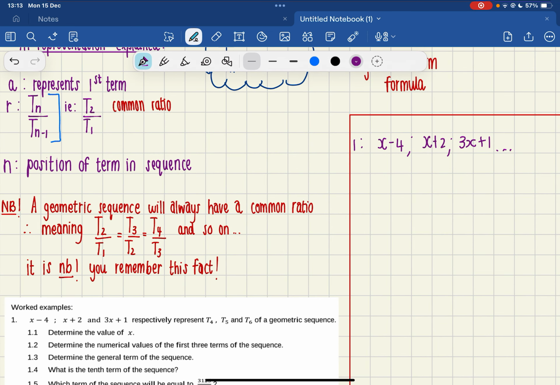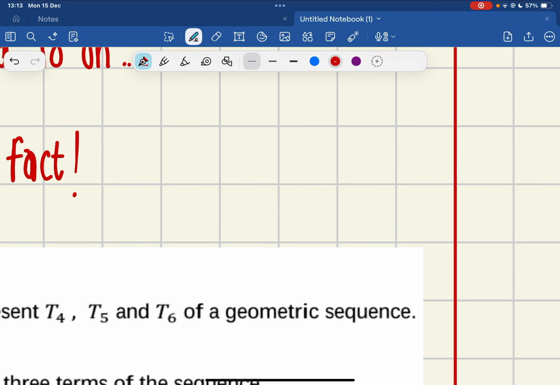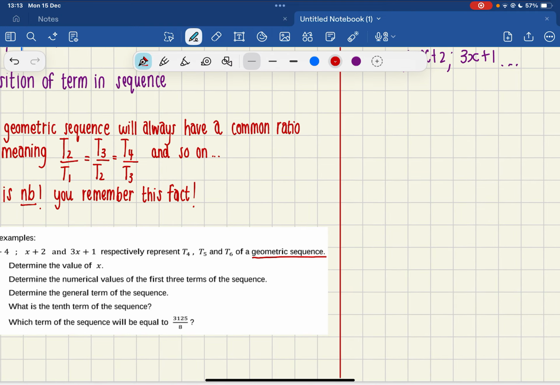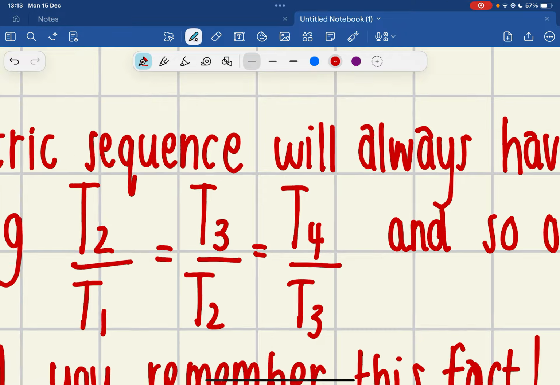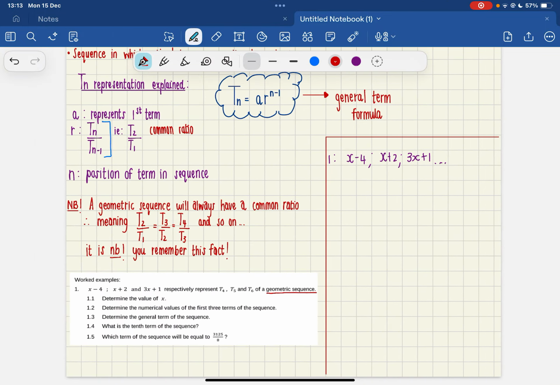We are told, key giveaway, it's a geometric sequence. The moment you're told something is a geometric sequence, you are most likely going to have to use this fact to solve for a variable or an unknown.